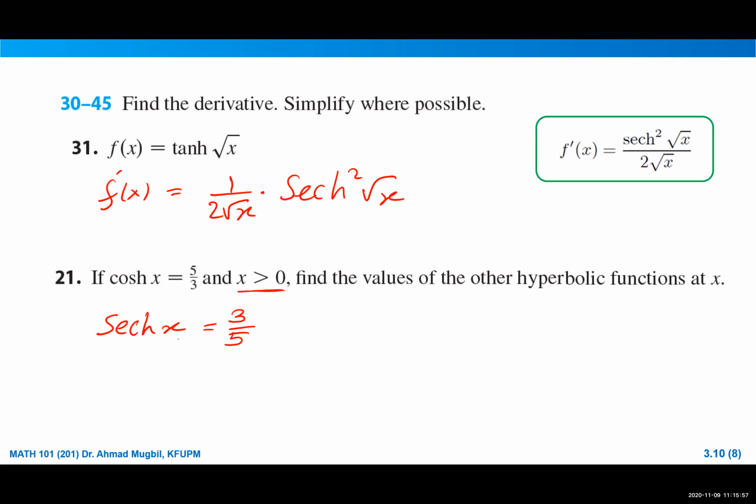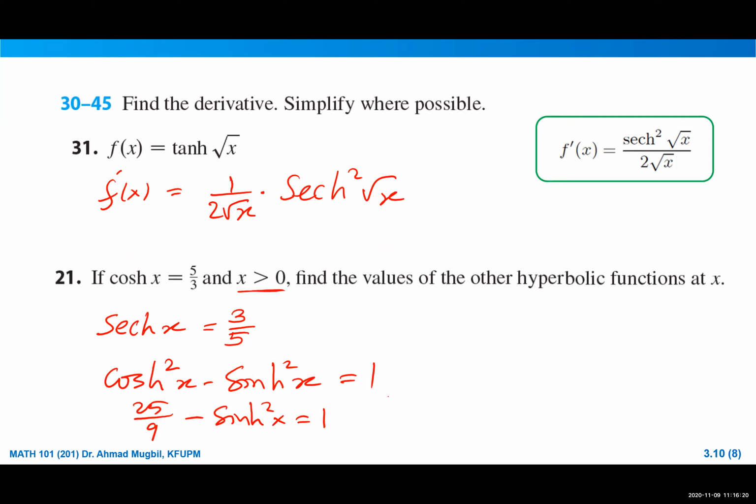Now, how to obtain sine hyperbolic? The identities. What is the identity? It says that cosine hyperbolic squared x minus sine hyperbolic squared x equals 1. Now, what is this? This is 25 over 9 minus sine squared x equals 1.